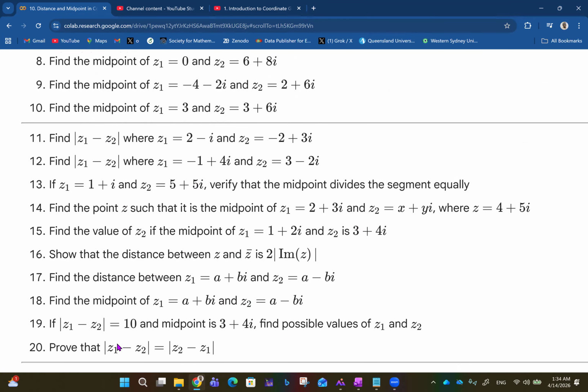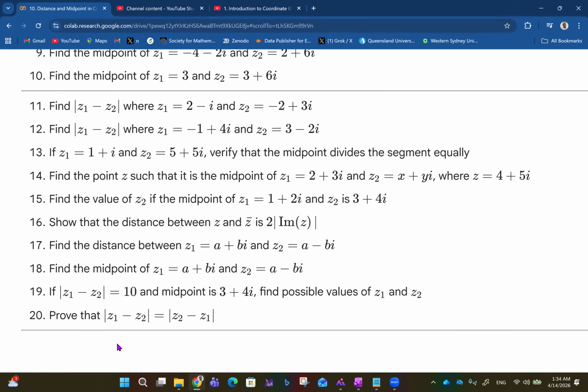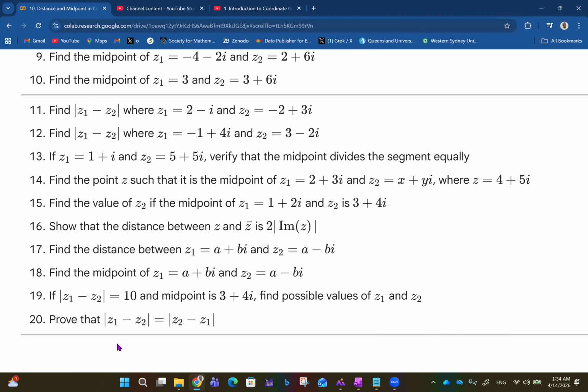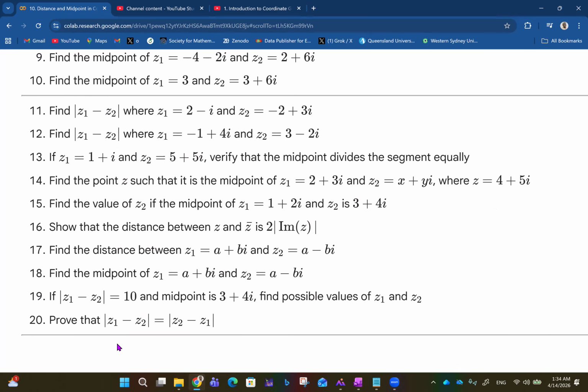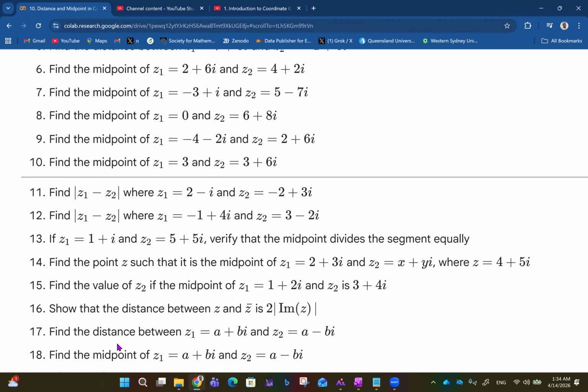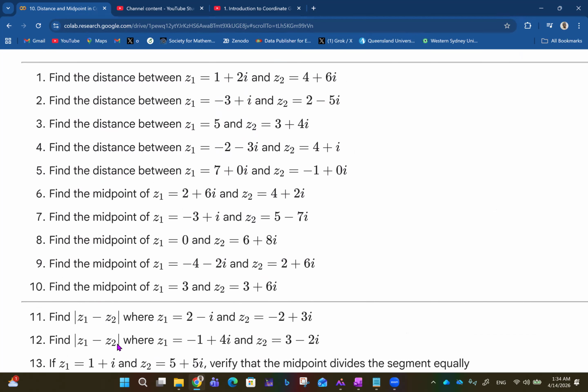Let me see. 19, if Z1, Z2 is 10. Okay, I think it's 4 and 19. Question 4 says find the distance between Z1 is minus 2 minus 3i and Z2 is 4 plus i.